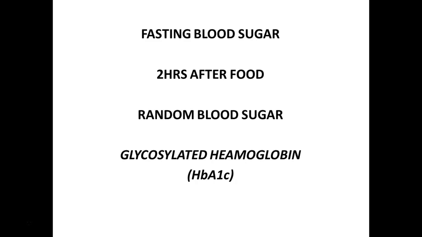Random blood sugar, just like the name suggests, is done randomly, and everything has its own significance, but the most important for checking progress are fasting blood sugar and 2 hours after food, usually after your first meal. Glycosylated hemoglobin is usually done every 3 months to monitor your progress.